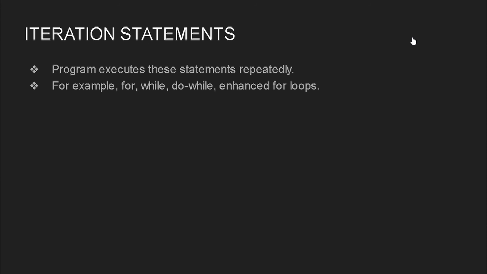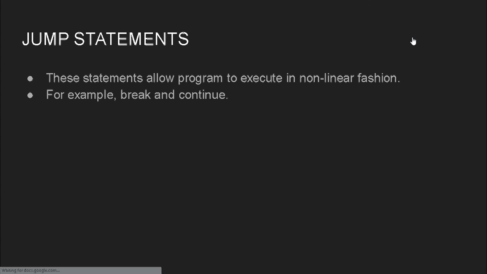As soon as the condition becomes false, it is going to come out of that loop and go to the next statement written after that loop. That is how the concept works. This tutorial is basically a revision, and after that I will be discussing in more detail.